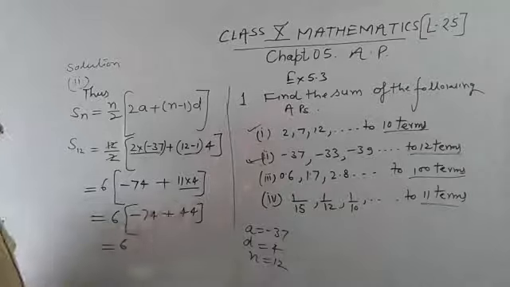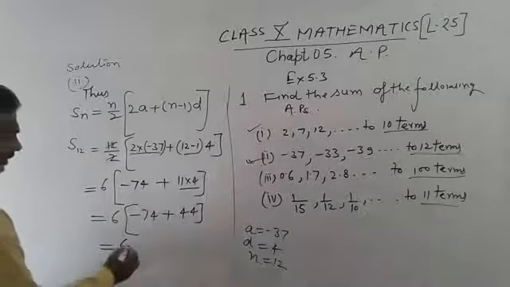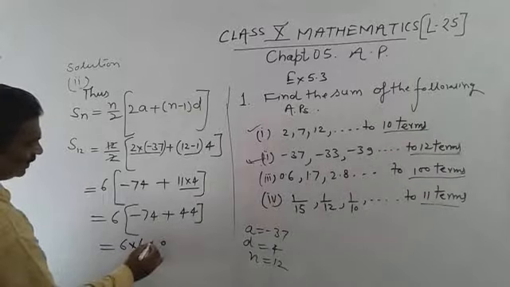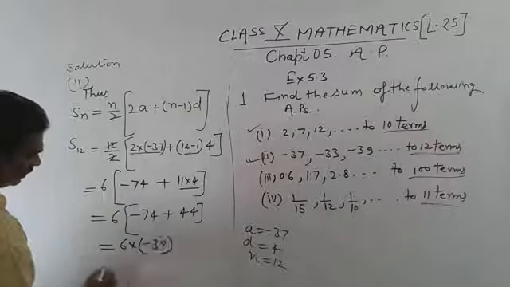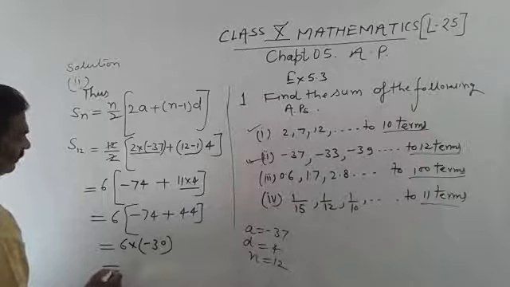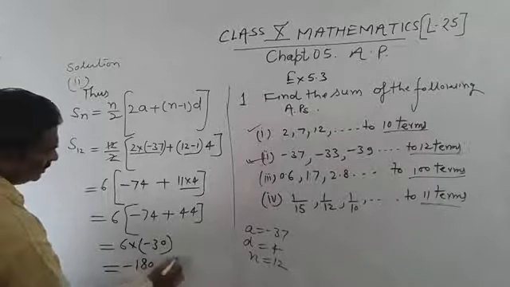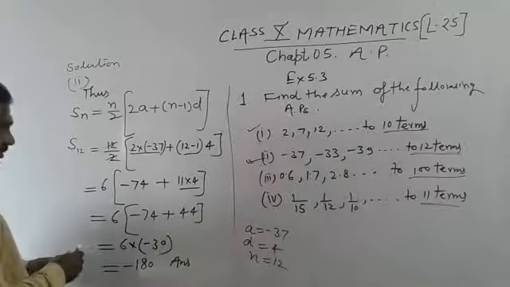Minus 74 plus 44 becomes minus 30. So your answer, the sum of 12 terms, is minus 180. This is your answer. Okay students, write down.